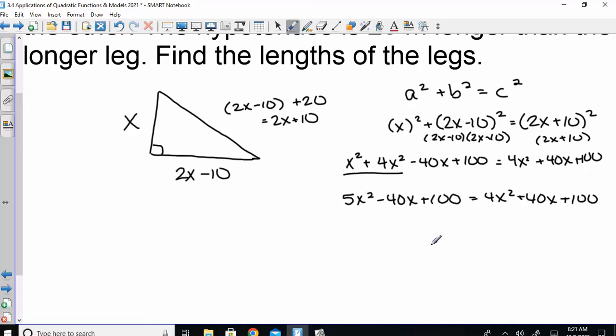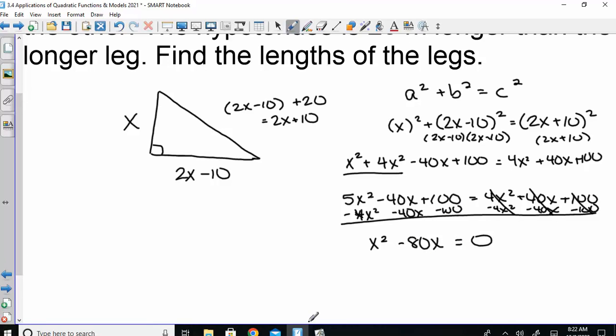What do we always set quadratics equal to? So if I subtract over this stuff, 5x squared minus 4x squared, that's just a 1x squared. Negative 40x minus 40x will be negative 80x. 100 minus 100 is 0, so I could drop that.